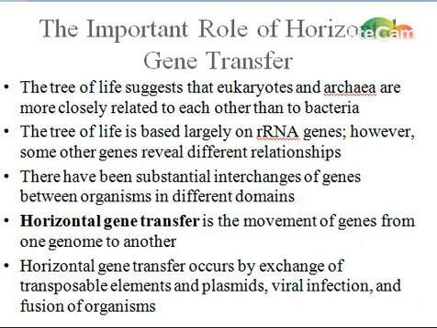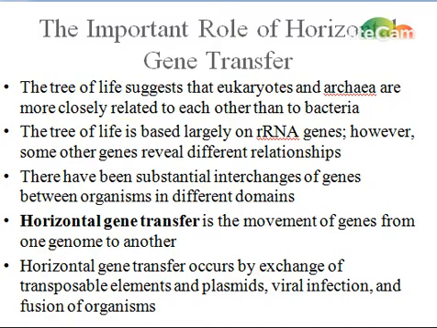So the tree of life suggests that eukaryotes and archaea, for example, are more closely related to each other than to bacteria. That means archaea and bacteria have less of a close relationship than archaea and eukaryotes.